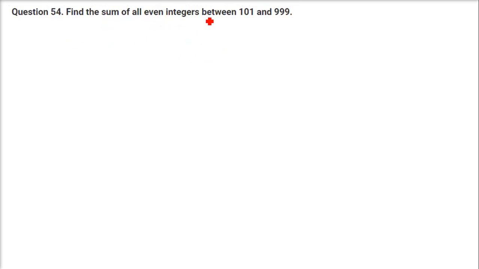Find the sum of all even integers between 101 and 999. What is the number after 101 which is even? 102. And the number just before 999 which is even is 998. So you have a as 102, l as 998, and because all even integers differ by 2, d is 2. So 998 will be equal to a, that is 102, plus n minus 1 into d, which is 2.